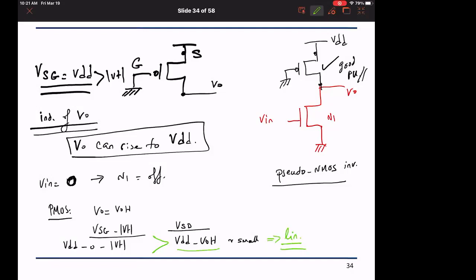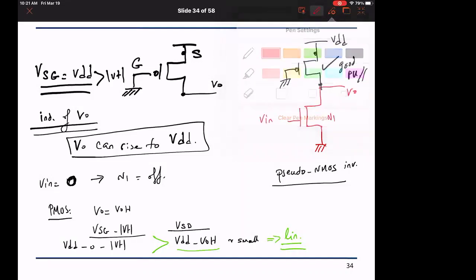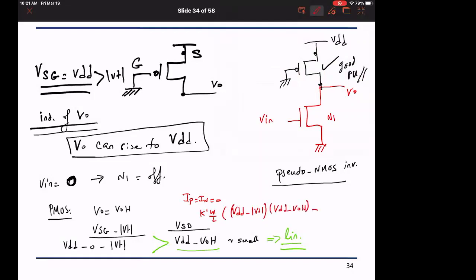Now to solve for what VOH is, I can set the following. I can say that IP equals IN, which is 0, and therefore K prime W over L of P times (VDD minus the magnitude of VT) times VSD, which is VDD minus VOH, minus VSD squared over 2, which is (VDD minus VOH) squared over 2, is equal to 0.